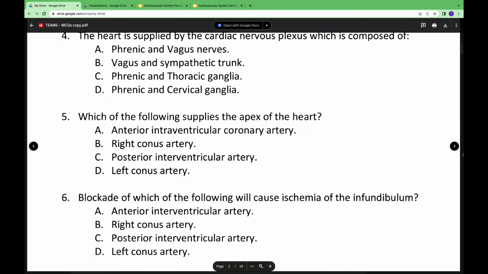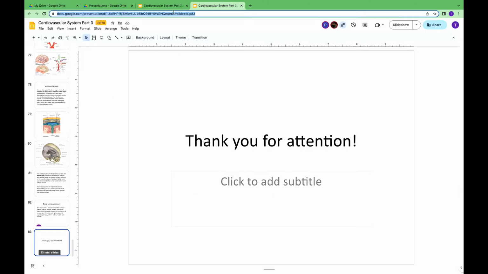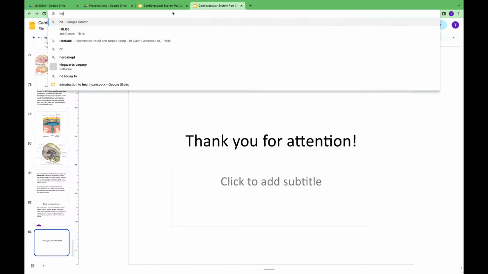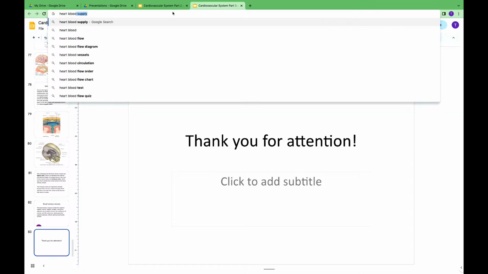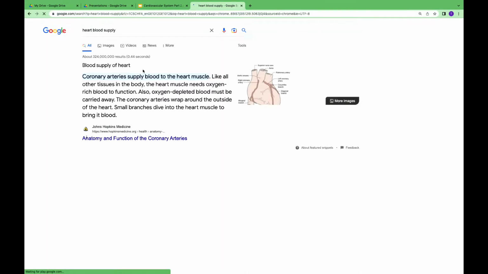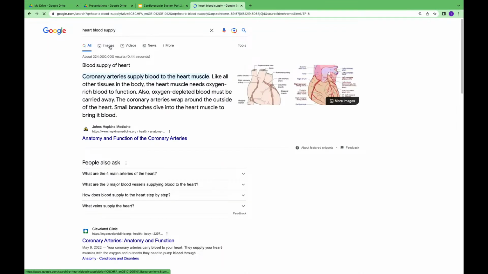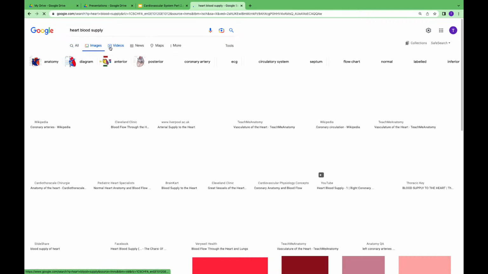Guys, who remembers the blood supply? Do you want a photo of the blood supply? I guess yes, right? I will just open here. So maybe it will give us some more clarity.